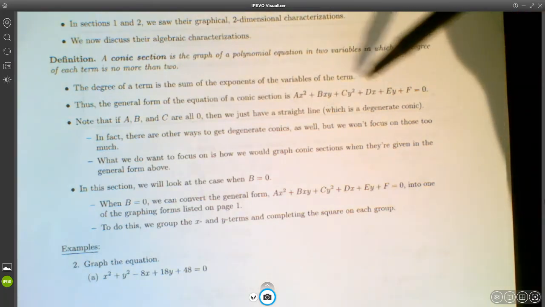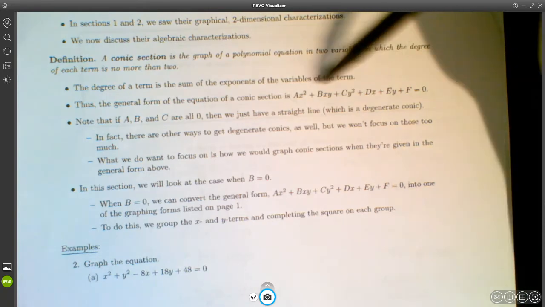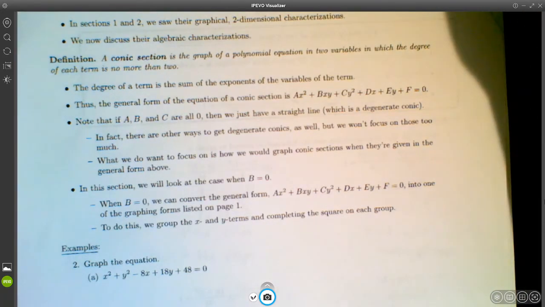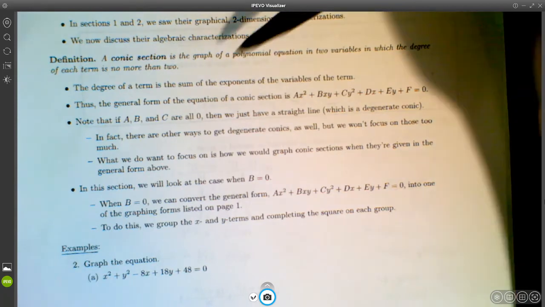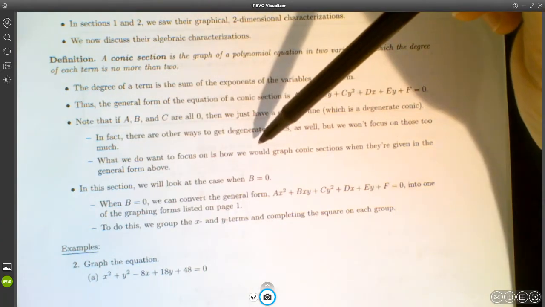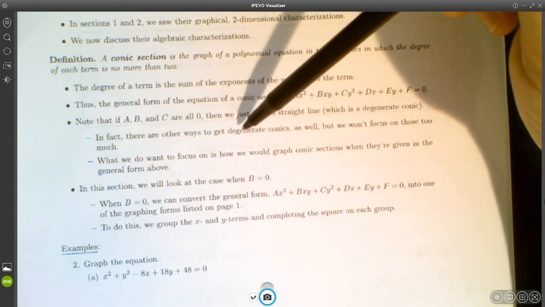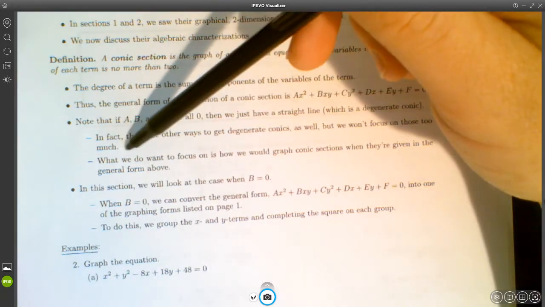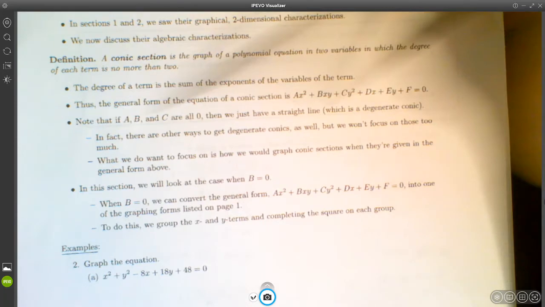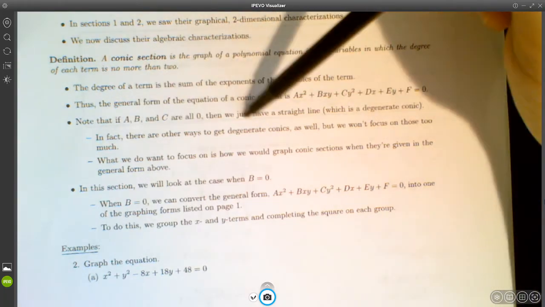In fact, there are other ways to get degenerate conics as well.